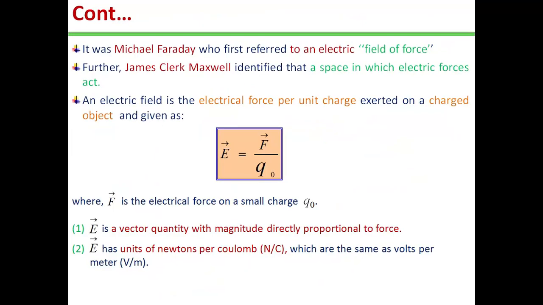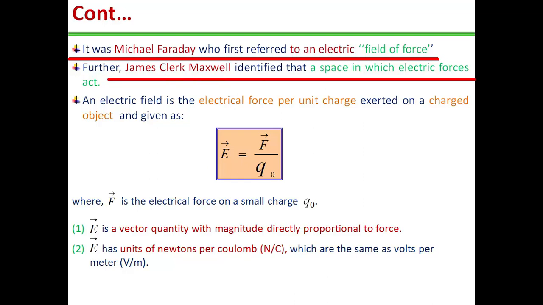Now, to understand Gauss law, you have to know the concept of electric field, as we have already discussed during the electrostatics lectures. It was Michael Faraday who first referred to an electric field of force, and James Clerk Maxwell identified that it is a space in which electric forces act.